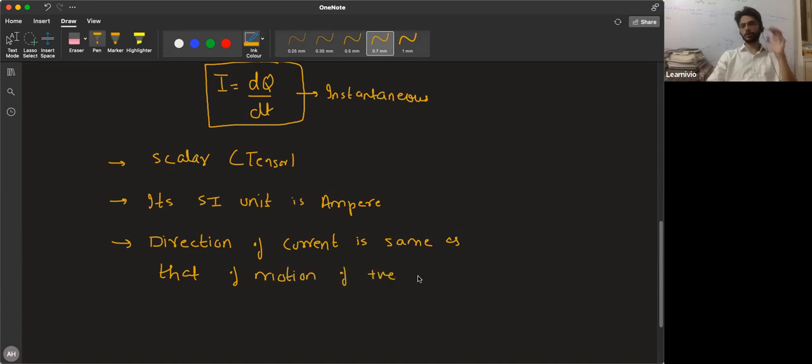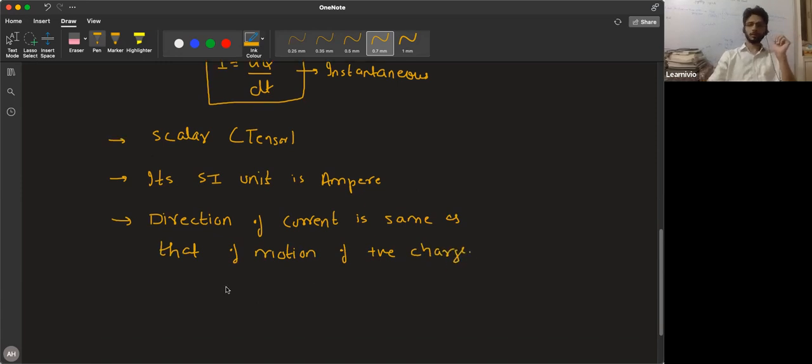So this is the direction of current. Its direction is exactly same as that of motion of positive charge. So if you have a positive charge, and this charge is in motion in this direction, this will be the direction of current.